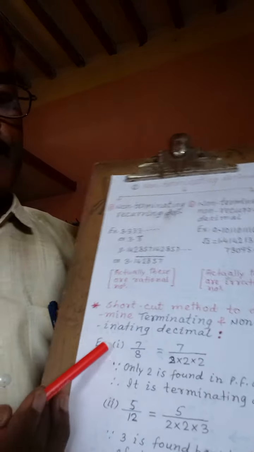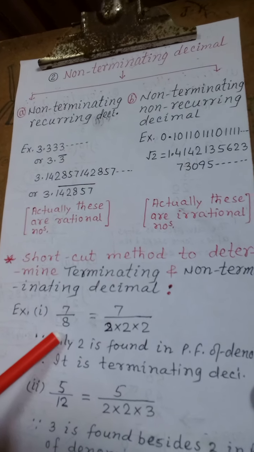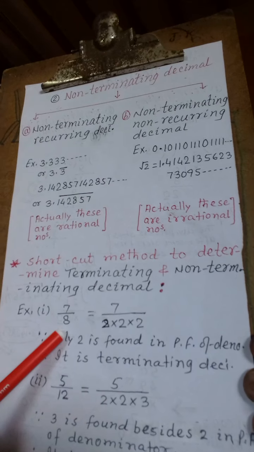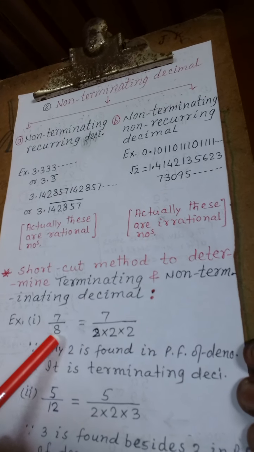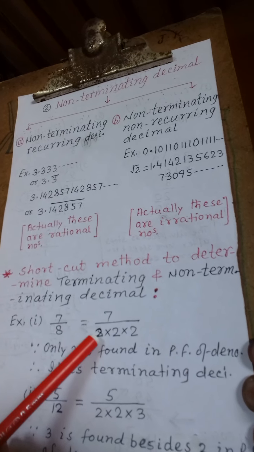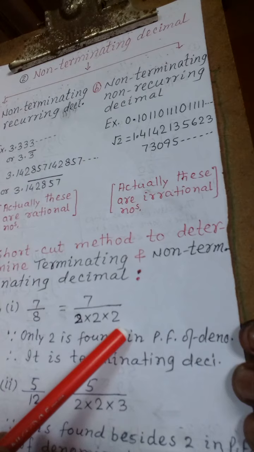Just try to understand this. Our first example is 7 by 8. First of all, we factorize the denominator 8, and that is 7 by 2 into 2 into 2.